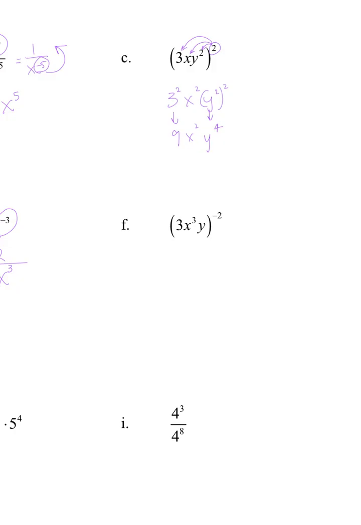Okay, so here I'm going to move everything, all of this, into the denominator and make this exponent positive. And then I'm going to distribute that exponent to everything inside. So I end up with 9x to the 6th y squared.